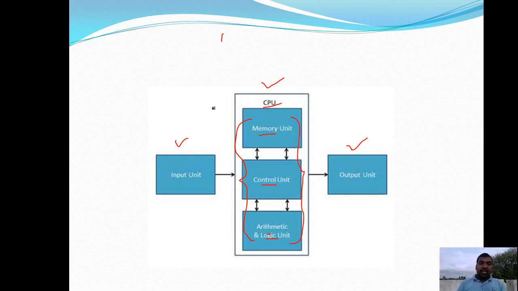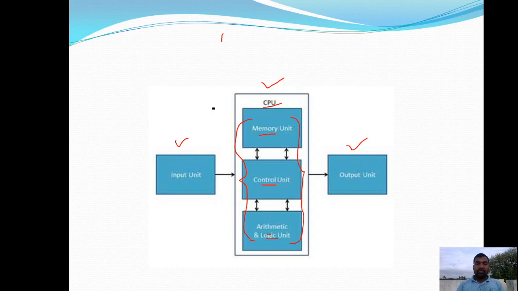First, the input unit. The input unit is responsible for receiving the input from the user, and whatever input is received by the input unit is transferred to the CPU. The CPU is responsible for performing the operations and generating the output.